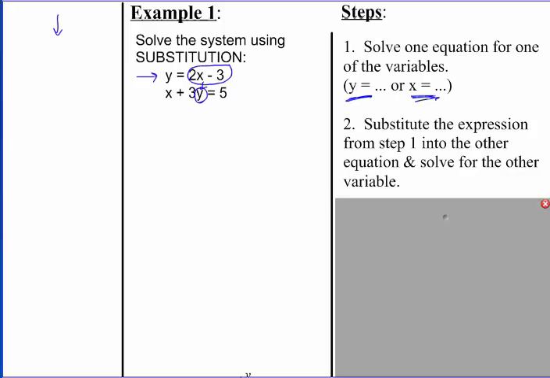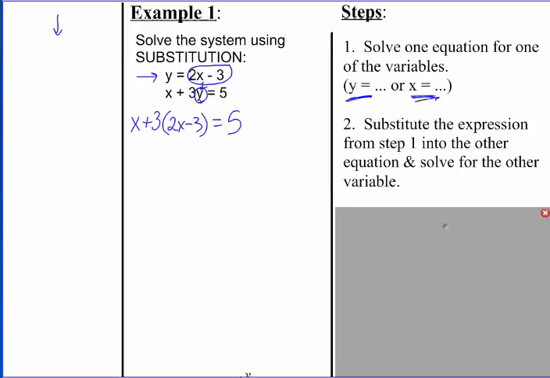It has to go in the other equation. So if I write that out, I have x plus 3 times, instead of the y, you write the 2x minus 3, because y and 2x minus 3 are equal to each other. They're the same thing, so I'm going to replace it, equals 5. That's where substitution gets its name, where you're plugging one equation into the other.